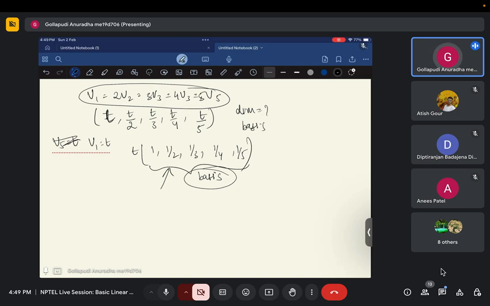So there are 3 conditions: first check whether the 0 vector is in the set, and then whether the addition and the scalar multiplication satisfy the given constraint. In that case, the set of vectors with the given constraint will form the vector space, else they will not. I hope you are clear till here.